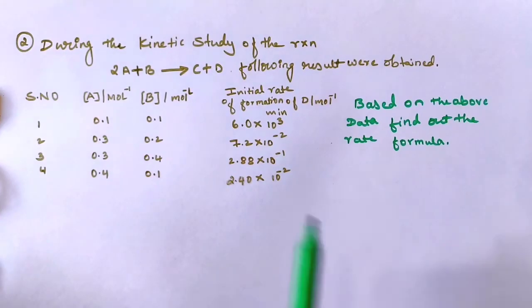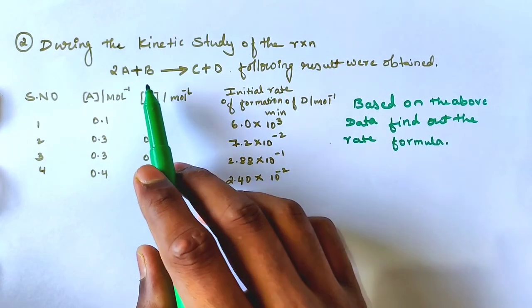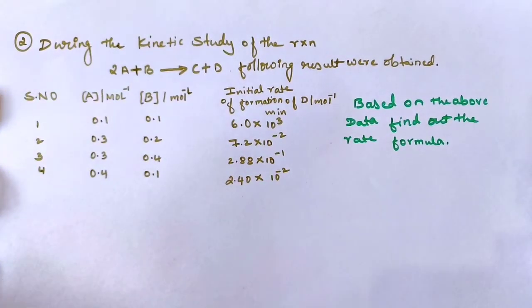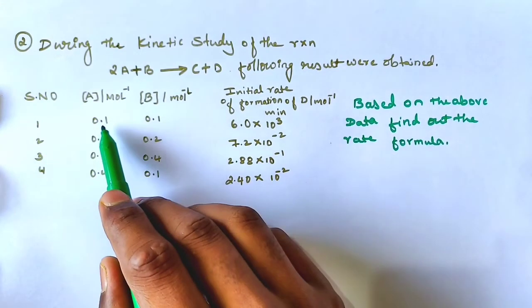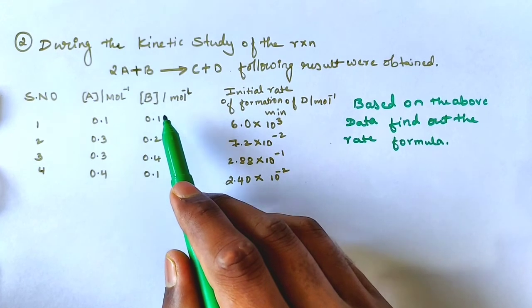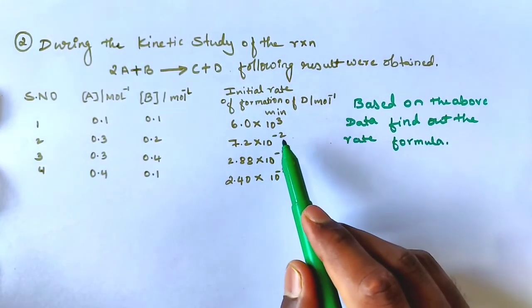Question is, during the kinetic study of the reaction 2A plus B gives C and D, some results they have given. When they did the first experiment with a concentration 0.1 for A and 0.1 mole for B, the initial rate of formation will be 6.0 into 10 power of minus 3.